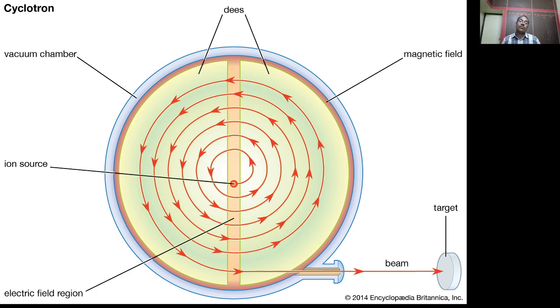at that time, suppose D2 is at a negative potential, the charged particle will be attracted into D2, and due to the magnetic field it moves in a semicircular path.